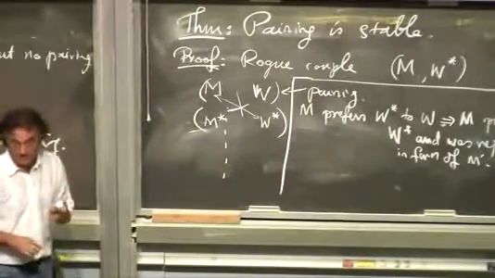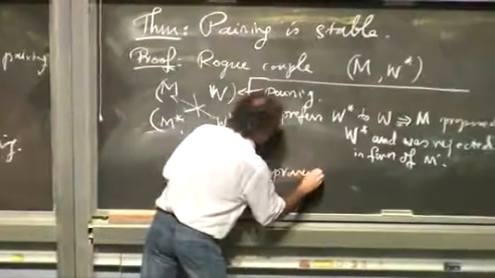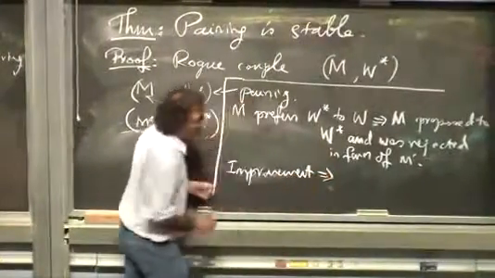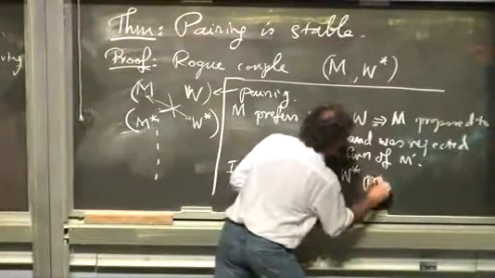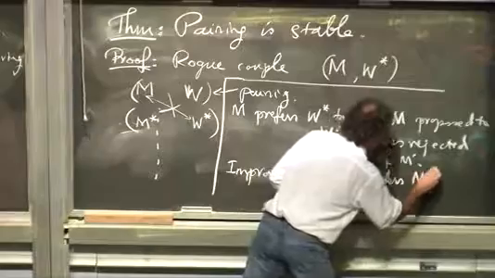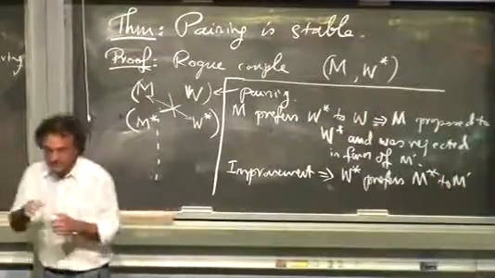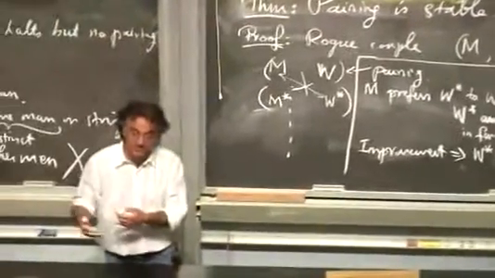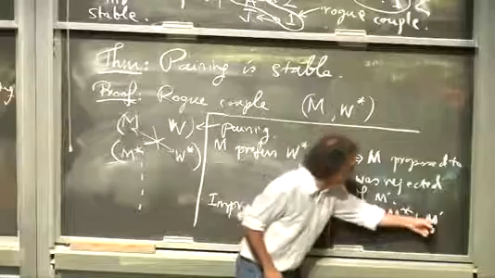Now, by the improvement lemma, this implies W star prefers M star to M prime, meaning at least as much as M prime.